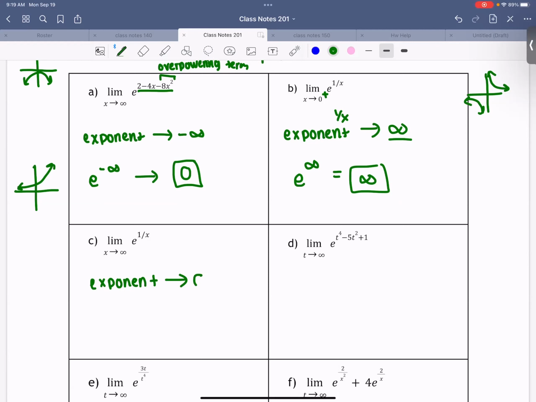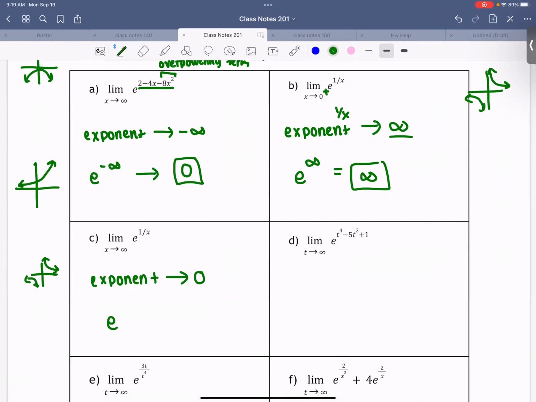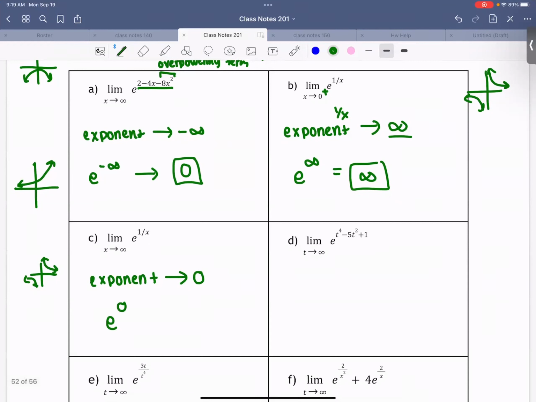So this is going to 0. If you're ever confused, you can always graph 1 over x and see where it's going, right? Okay, the exponent is going to 0. So we're going to plug in what our exponent is going to into e. We have e to the 0. What is e to the 0? 1, good. So this limit is equal to 1.